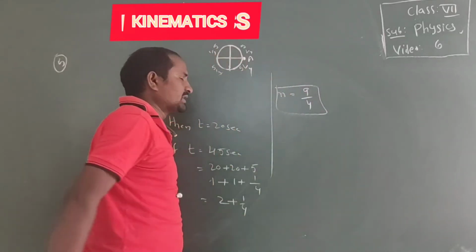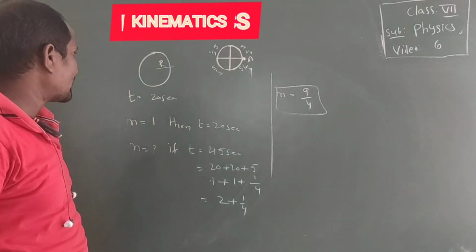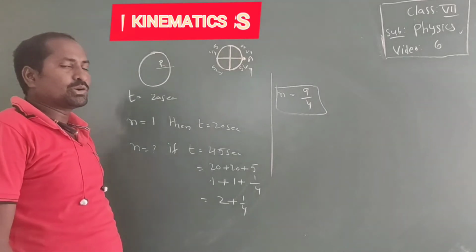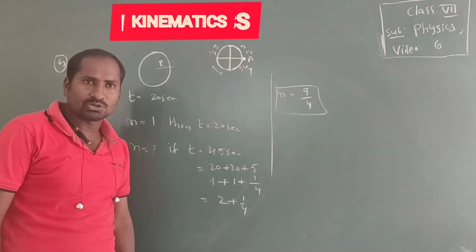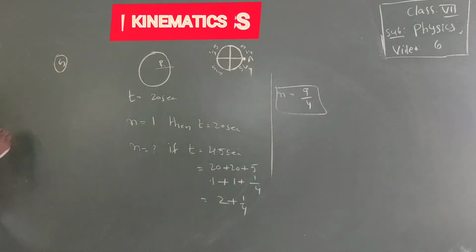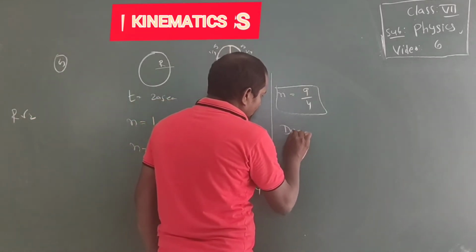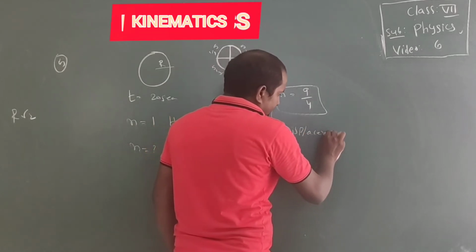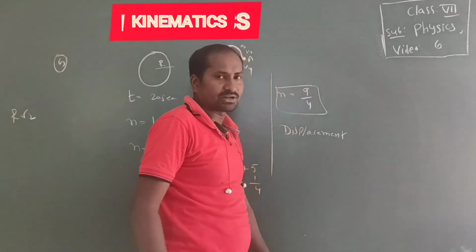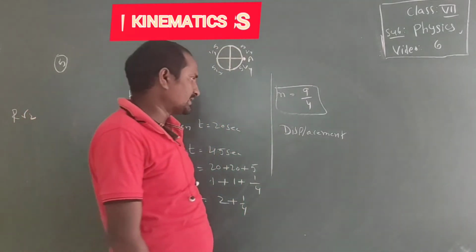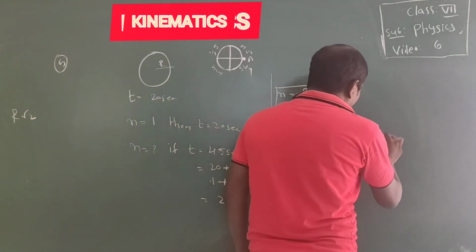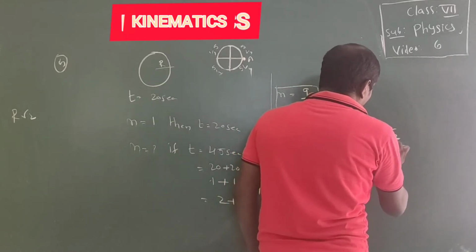If a body moves in a circular path and n equals 1 by 4 times, 3 by 4 times, or 5 by 4 times, then displacement equals r into root 2.